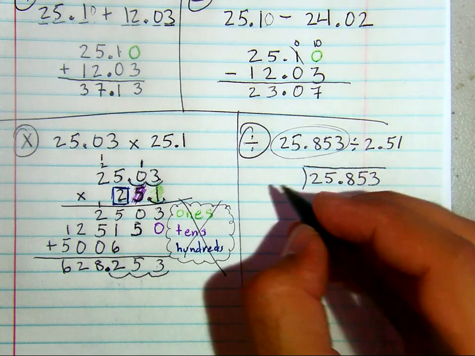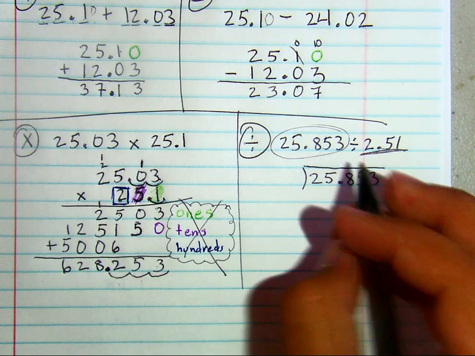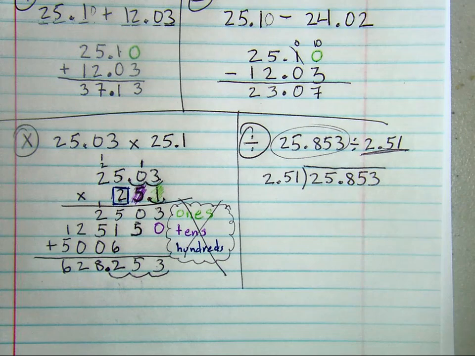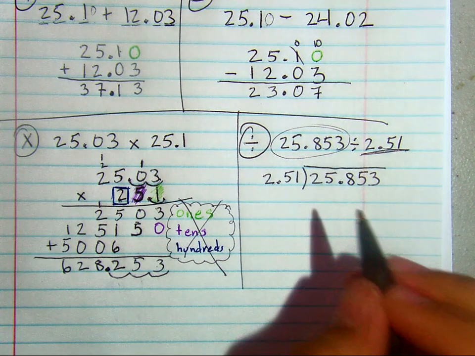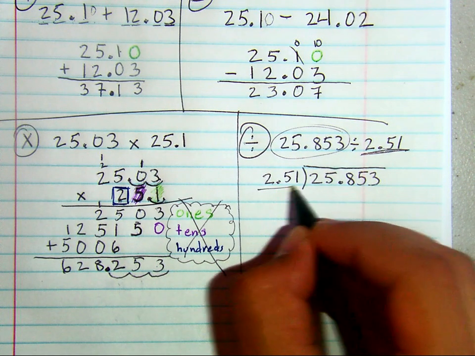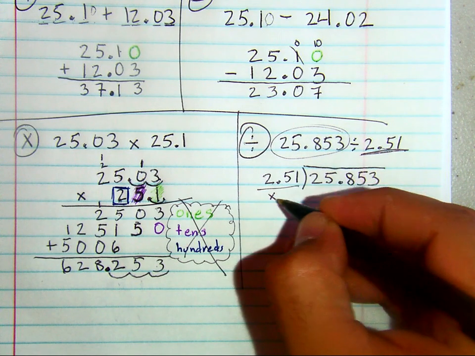And the smaller number, or the second number, caught myself, 2.51 is the divisor. Now, the one thing that this standard requires students to learn is the divisor cannot be used as a decimal. You must get rid of the decimal.